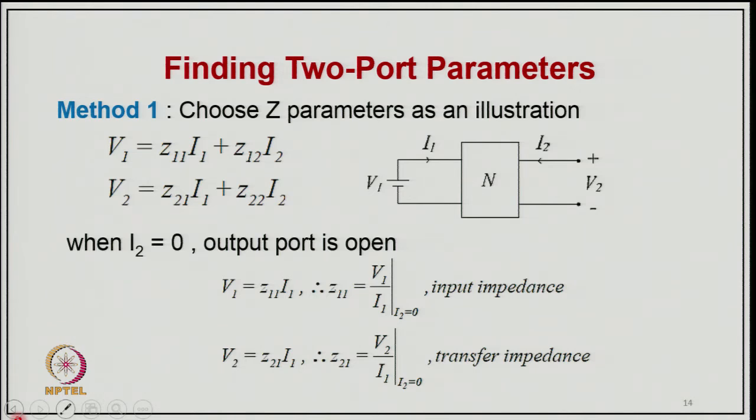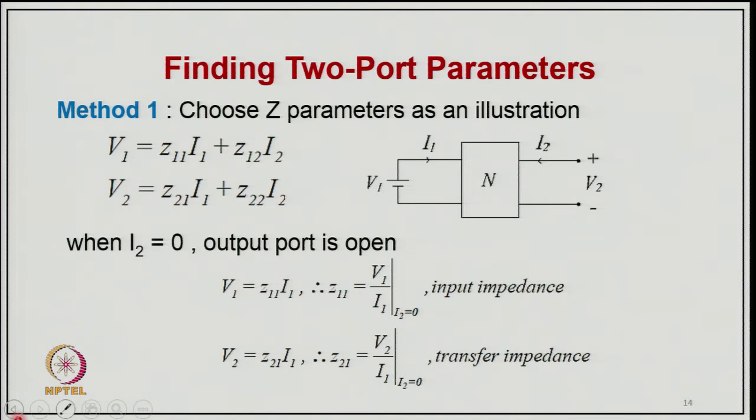These are the basic equations in scalar form of these Z parameters, and if we keep I 2 equal to 0, meaning the output terminal is open, then we can define from the equations: if I 2 is 0, from the first equation V 1 is Z 1 1 I 1, or we can say Z 1 1 is equal to V 1 upon I 1, where I 2 equal to 0, and we define this as the input impedance.